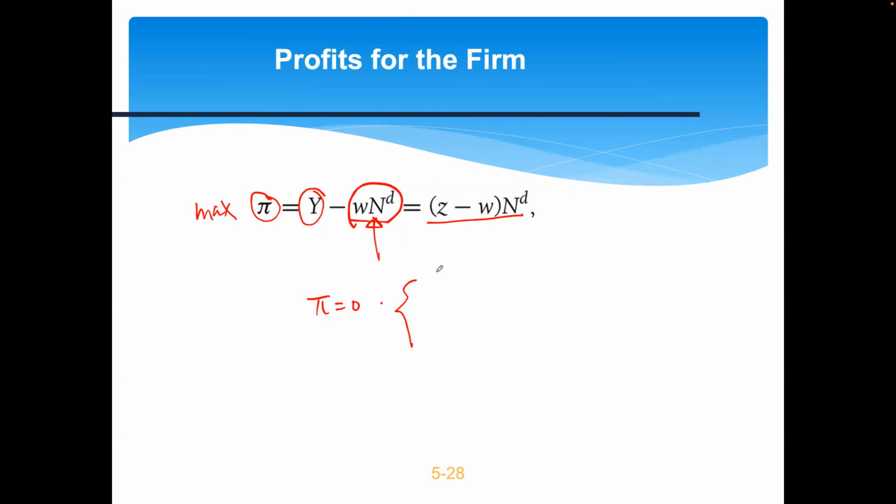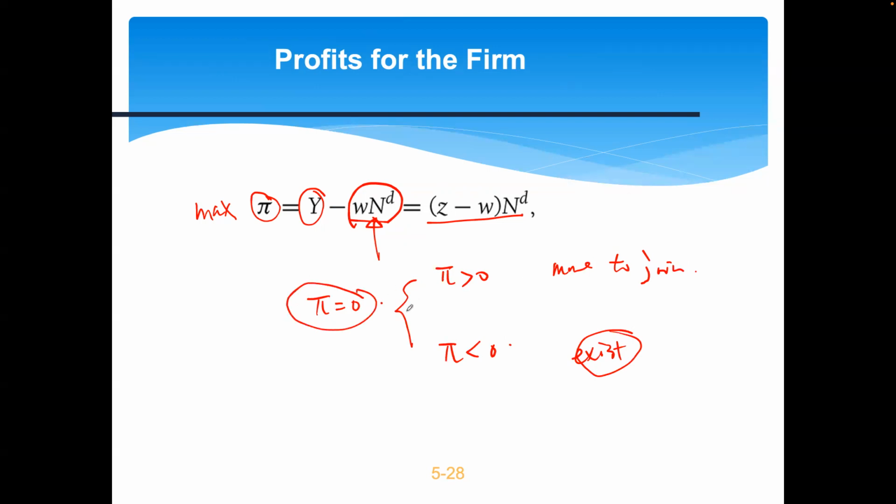Why? There are two possibilities: profit is positive or profit is negative. If it's negative, people are going to exit and leave the market. If it's positive, more are going to join. In equilibrium, the only possibility is pi equals 0.